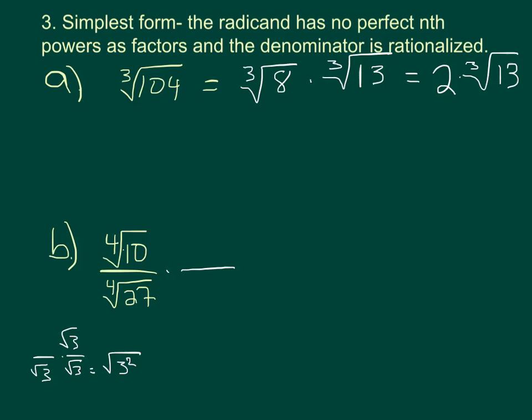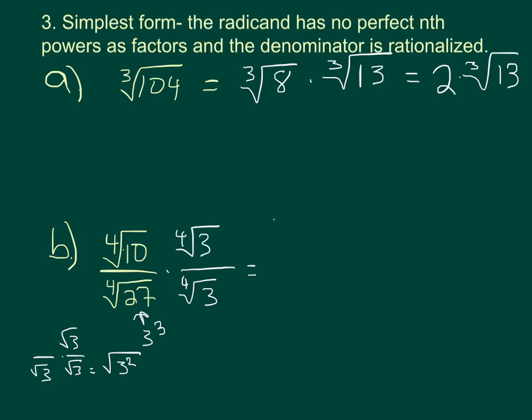So how many more powers of something? The 27 is really 3 cubed. So I'm going to need one more power of 3 in order to get a perfect fourth root. That would give me a 3 to the fourth power. So I'm actually going to multiply by the fourth root of 3 on both the top and the bottom.